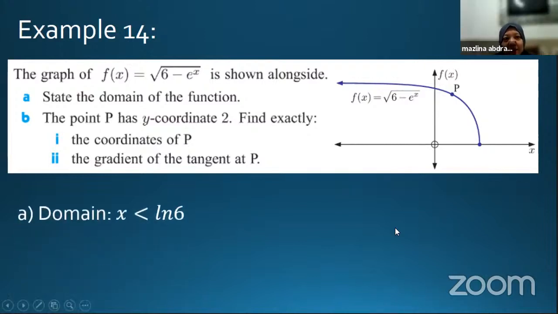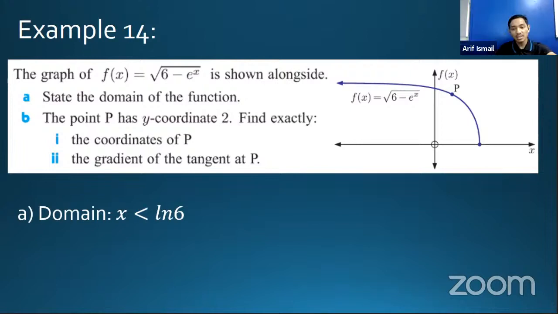All right. So, it is this. Why is it not 6? When we have square root of 6 minus e to the power of x, how do we find the domain? We are using the square root of 6 minus e to the power of x. 6 minus e to the power of x should always be greater than 0, right?